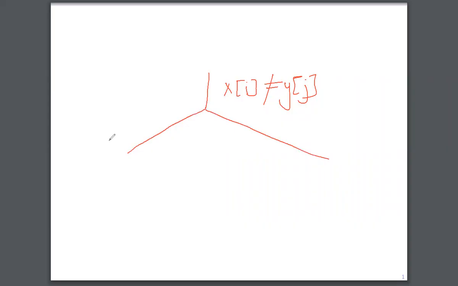Again, there are two possibilities. Let's see both. In one possibility, you keep x of I, but you do not keep y of j.